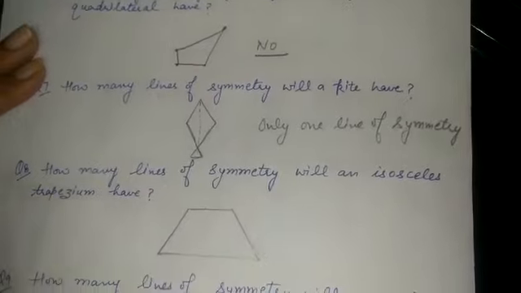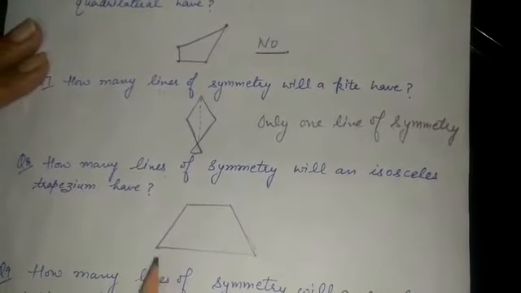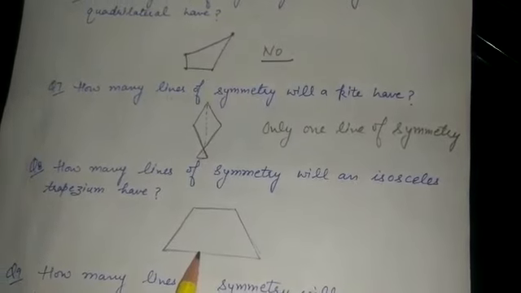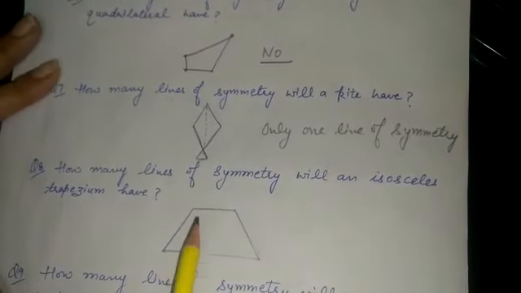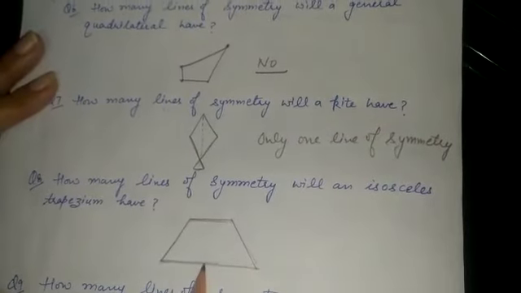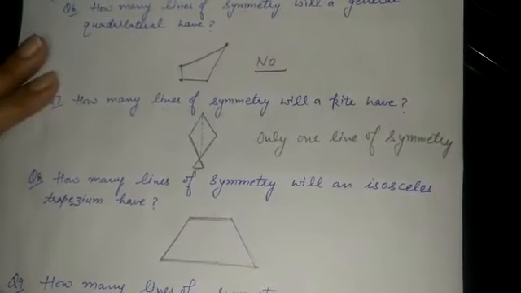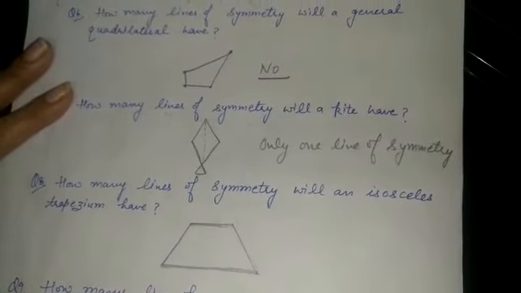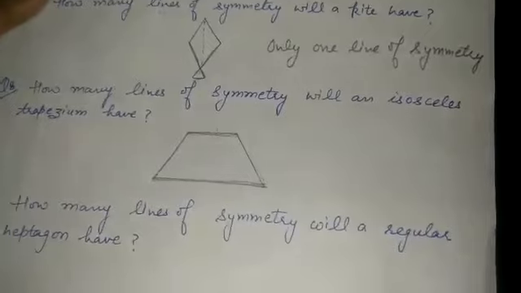How many lines of symmetry will an isosceles trapezium have? This figure is a trapezium. What is a trapezium? A trapezium is a quadrilateral in which only one pair of opposite sides are parallel, not equal, only parallel. These 2 sides of this quadrilateral are parallel, therefore it is a trapezium.